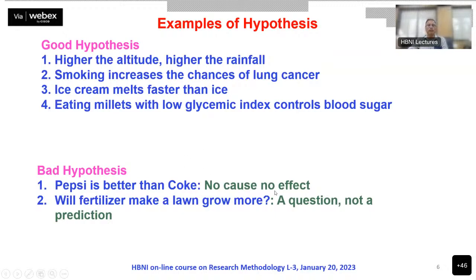So it is not a hypothesis properly. Similarly, will fertilizer make a lawn grow more? It is not a hypothesis. It's a question. You can say that the fertilizer helps the lawn grow more. That is just a hypothesis. But you are asking a question. So this is also not a good hypothesis. It's a bad hypothesis.